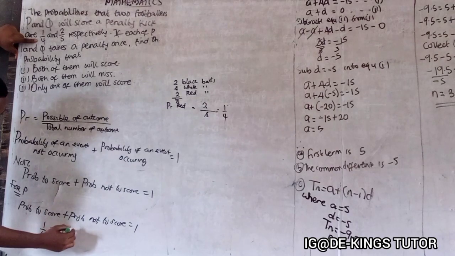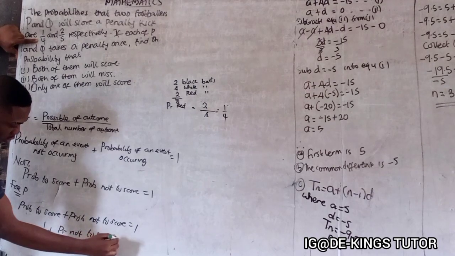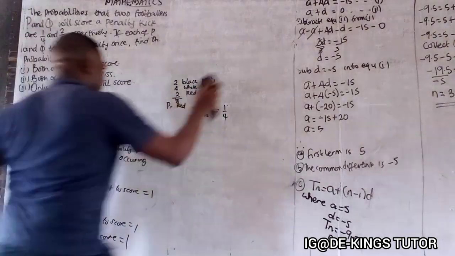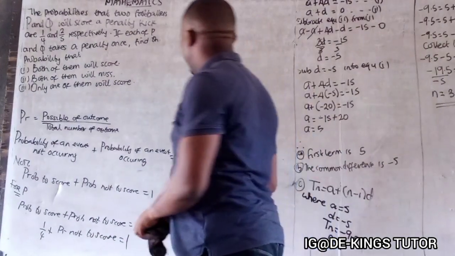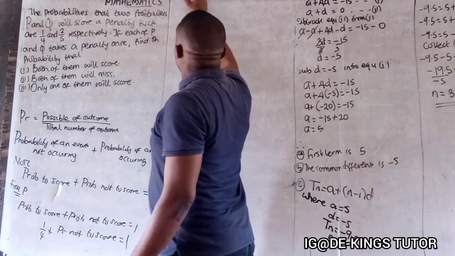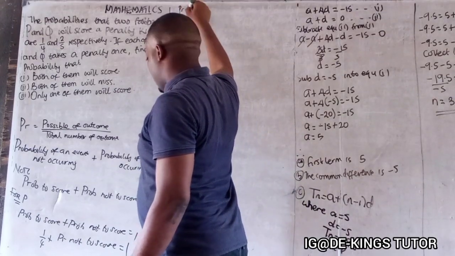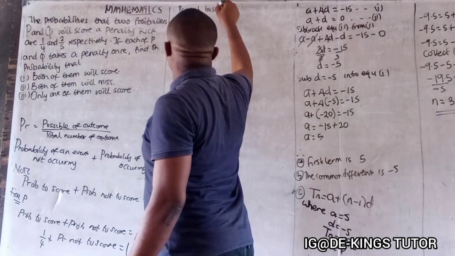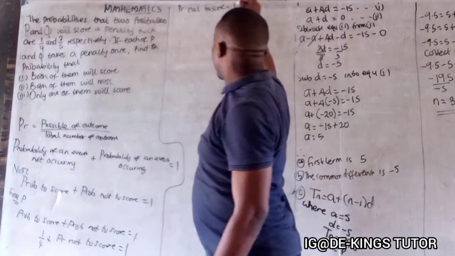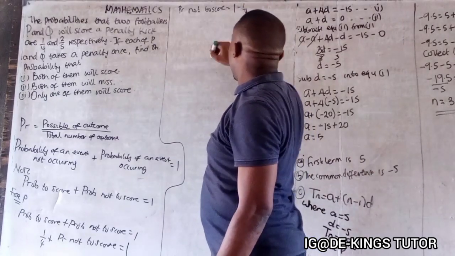So we have probability not to score equals 1 minus 1 over 4.